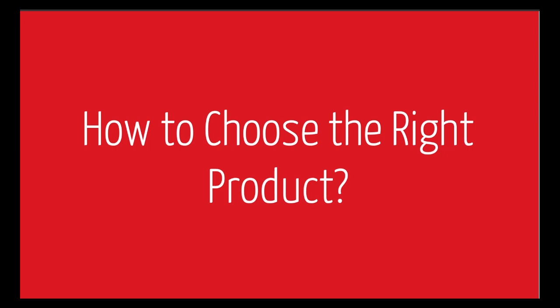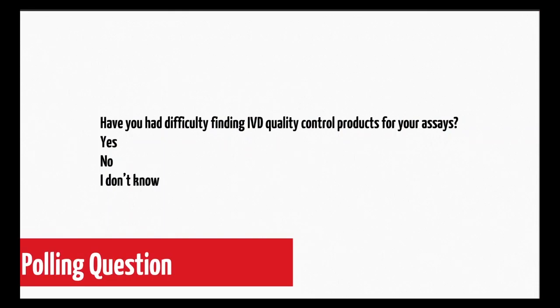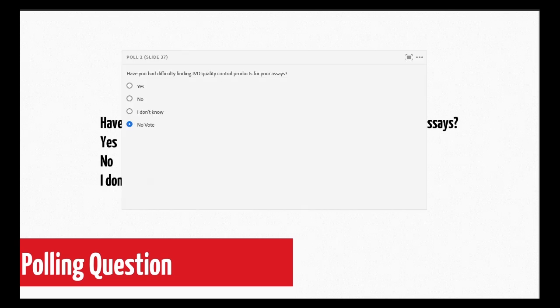Another question is how to choose the right product. Therefore, we have another polling question. Bob, would you take over? Yes, thank you, Sebastian. The question is as follows: have you had difficulty finding IVD quality control products for your assays?